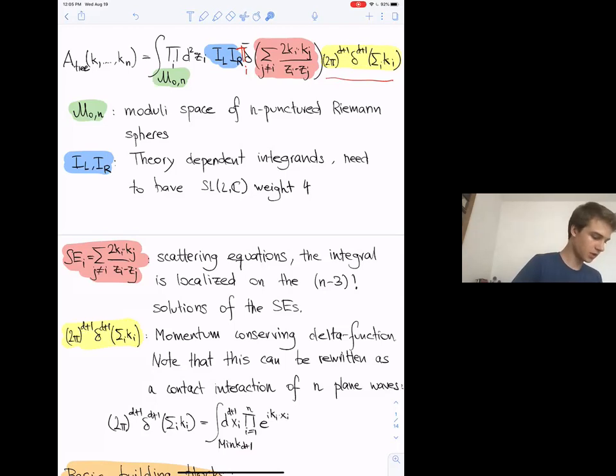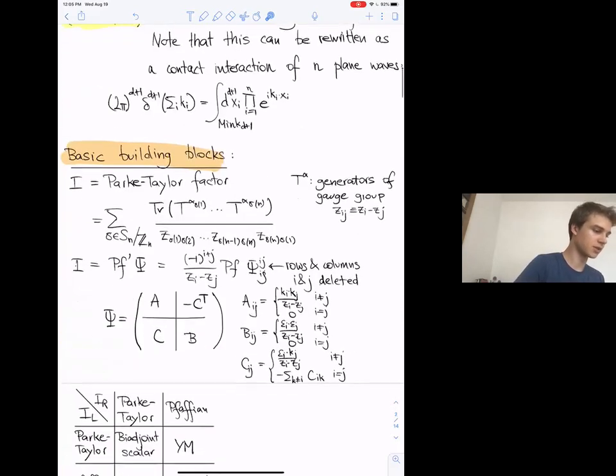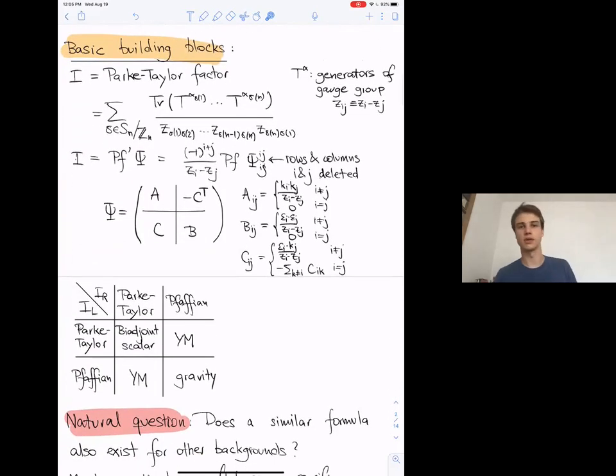Okay, so let's look at some of these integrands. Basically there are two basic integrands you can consider. One of them is the Parke-Taylor factor, which I wrote here. It's a sum over the symmetric group modulo cyclic permutations. What you need to do is evaluate these color traces, and then you put in the denominator the Zi minus Zj, and you sum over all possible permutations.